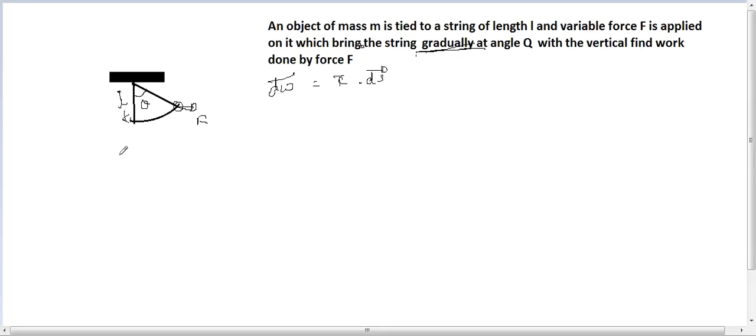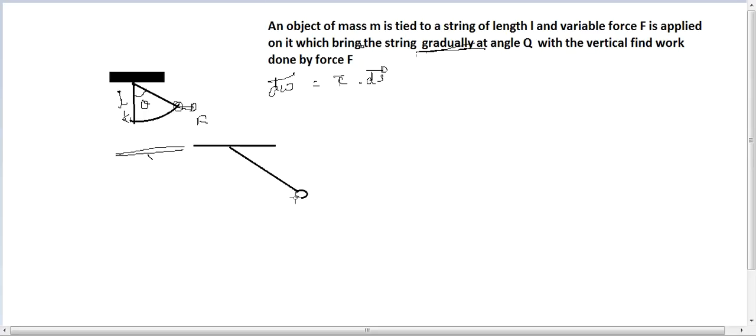So here, this is the support, and this is the angle theta.